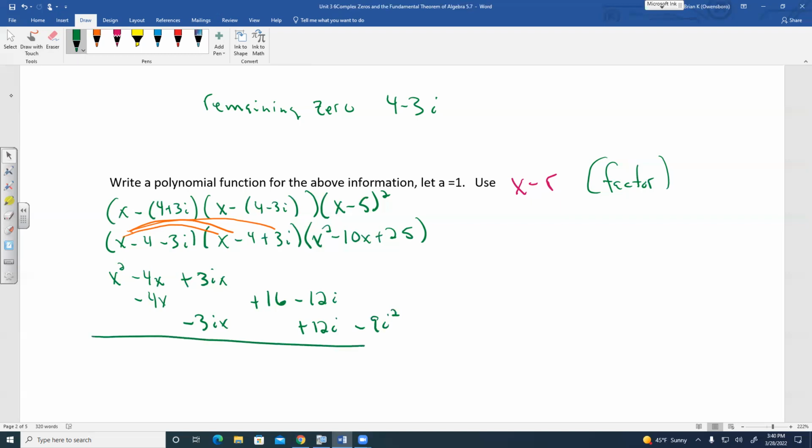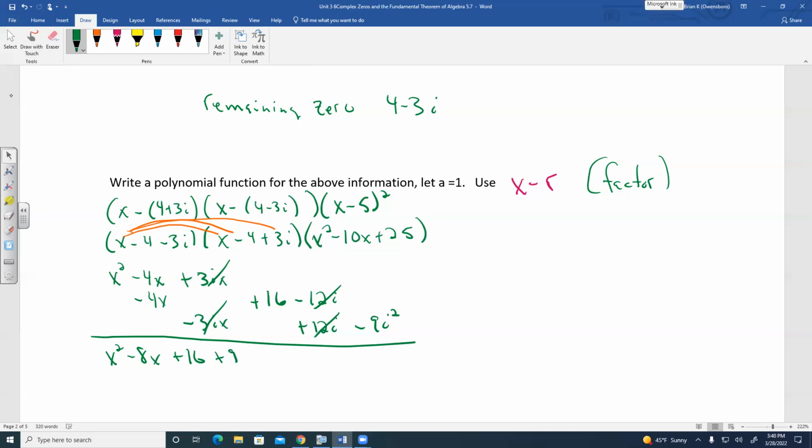So we have all that going on. So the x squared is going to come down. The -4x's, that's going to be -8x, comes down. The 3ix and the -3ix zero out. The 16 comes down. And the -12i and the 12i cancel out. And I have this i squared to -1, so that turns into a +9.